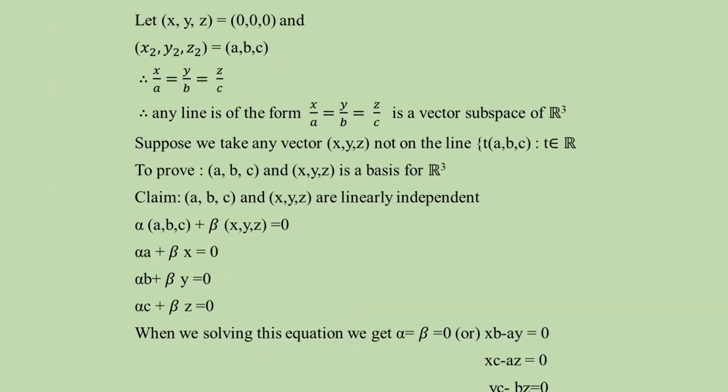There should be R2 instead of R3 here. But this vector (a, b, c), how can the linear combination be equal to R2?